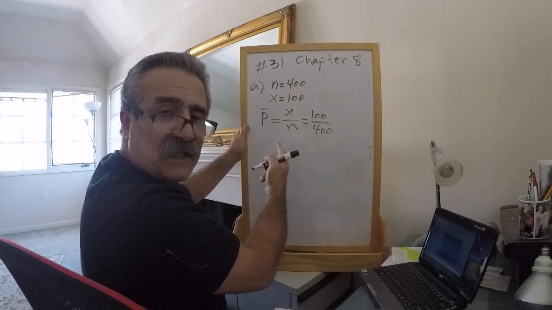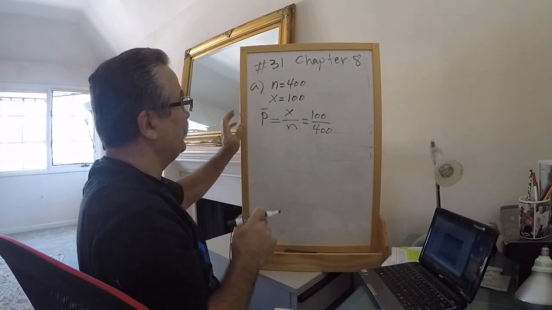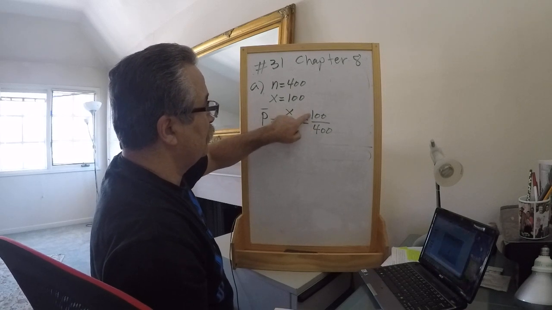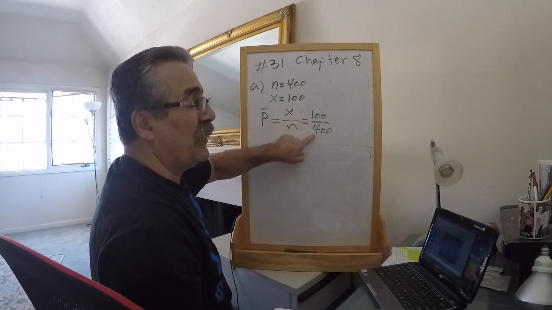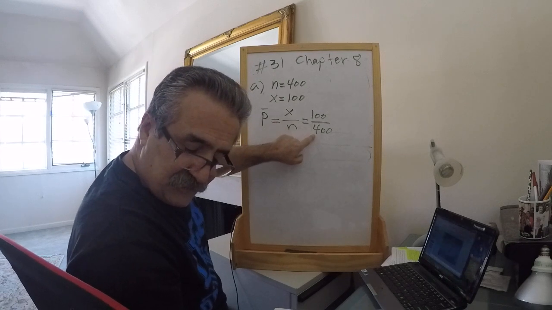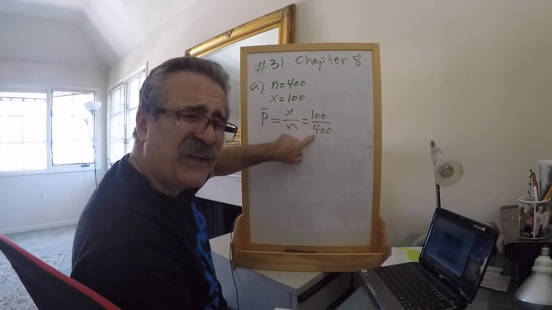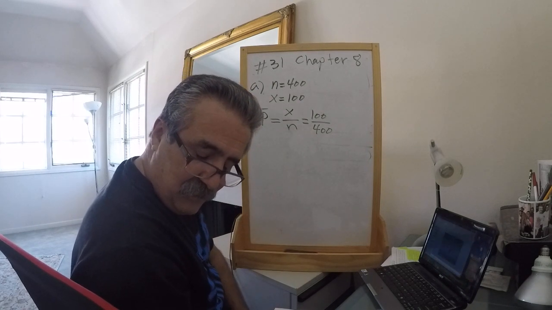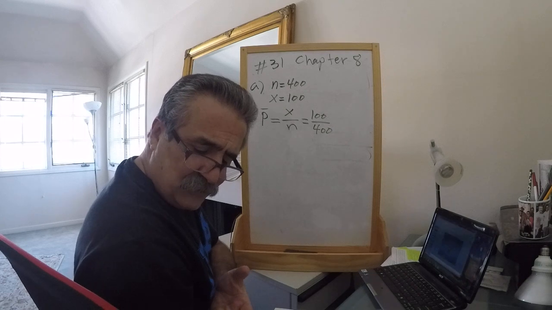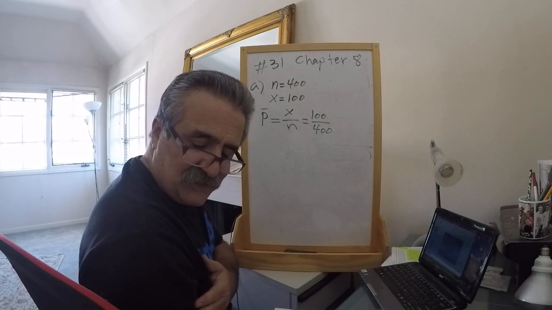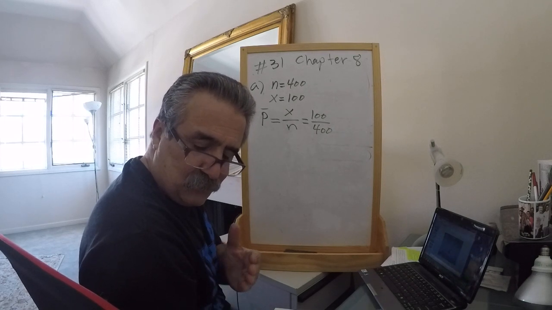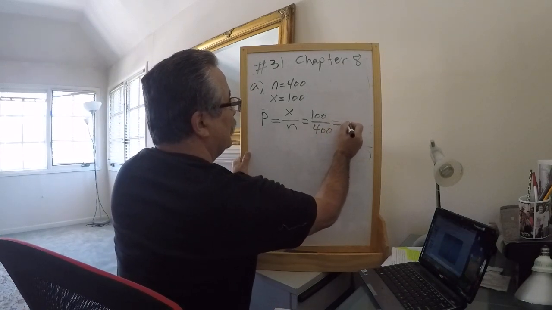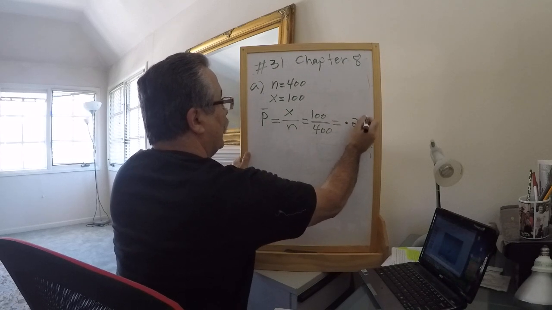This is the sample proportion, a fraction of a sample or population with the characteristic of interest. The characteristic of interest is those who answered yes. So this is going to be 0.25. This is for part A.